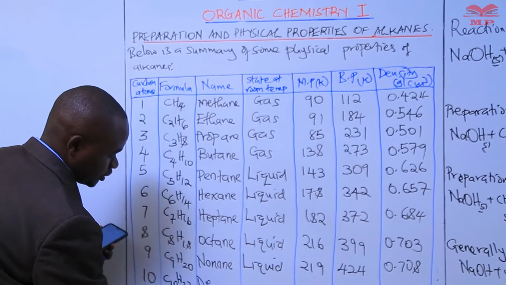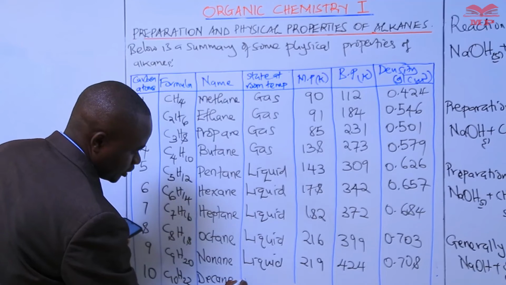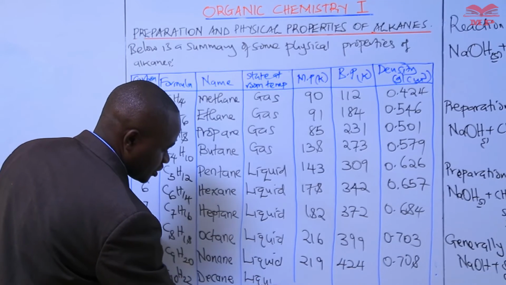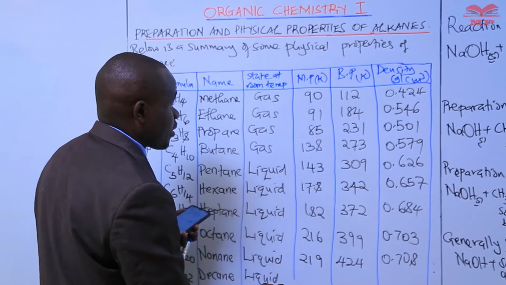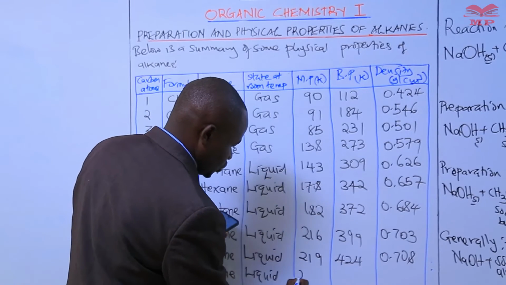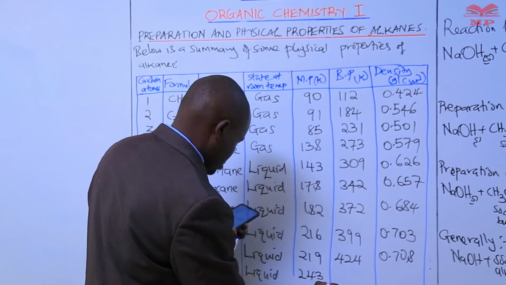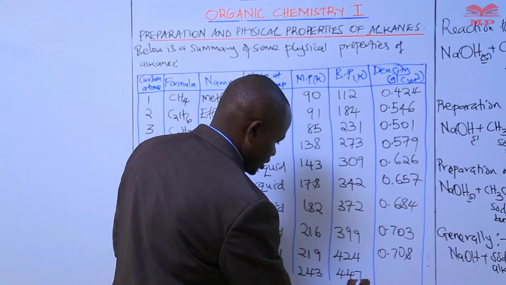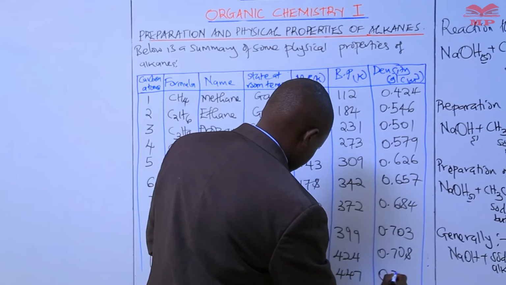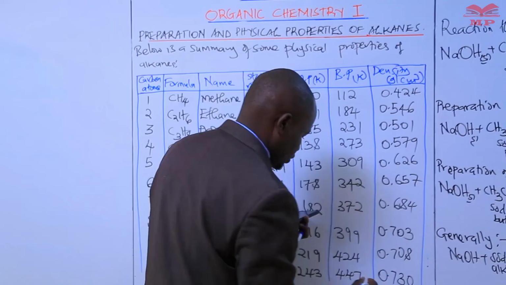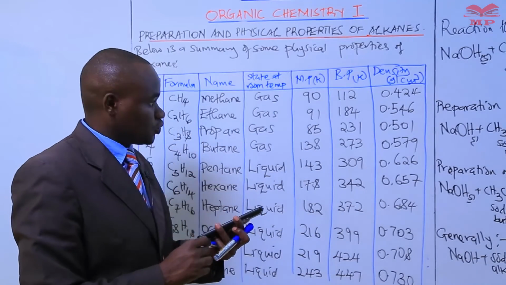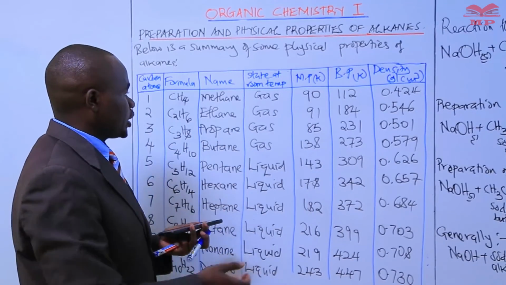The name is decane. State at room temperature, liquid. Melting point 243 Kelvin, boiling point 447 Kelvin, density 0.730.